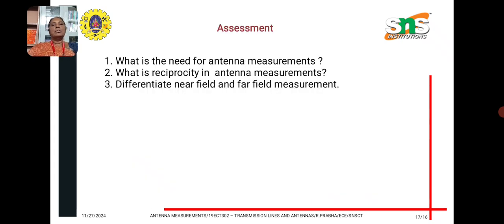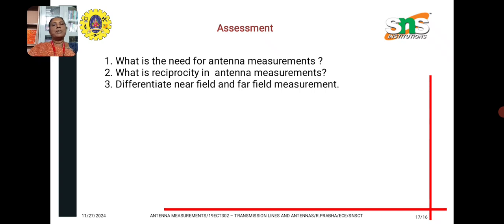And now the assessment: what is the need for antenna measurements? We know the antenna measurement need, and it is very important in antenna design, and reciprocity is a very important principle in antenna measurement. And near field and far field measurement, we can easily differentiate. For near field there are two cases.